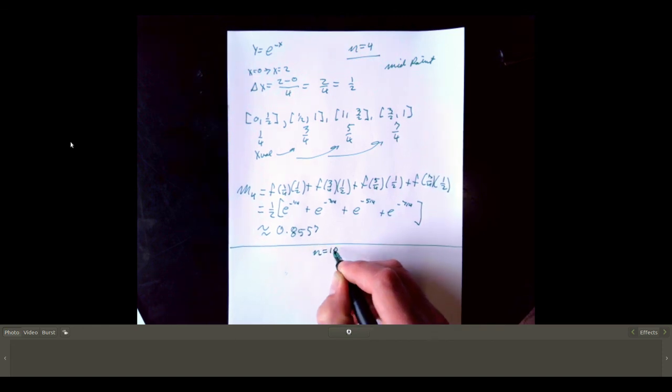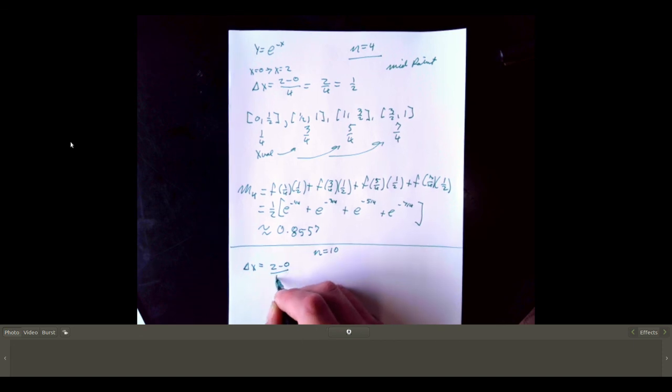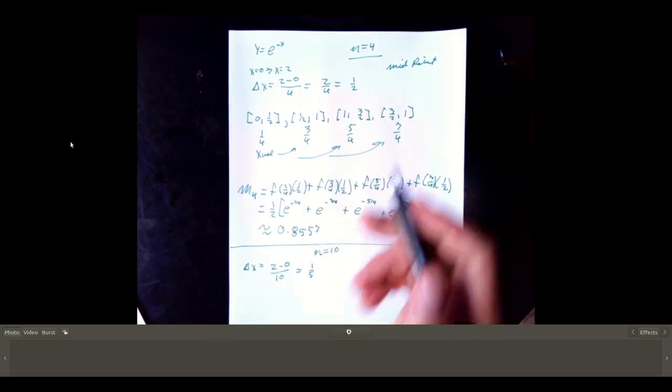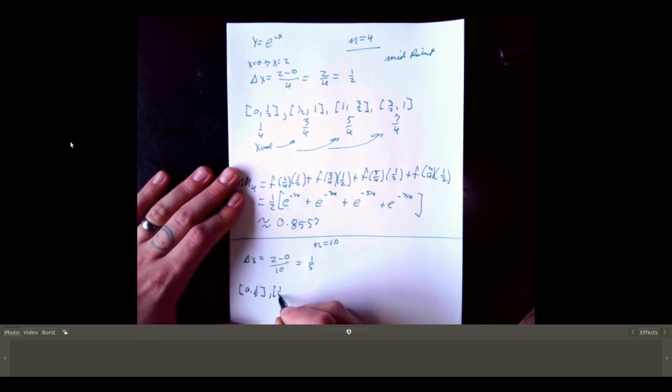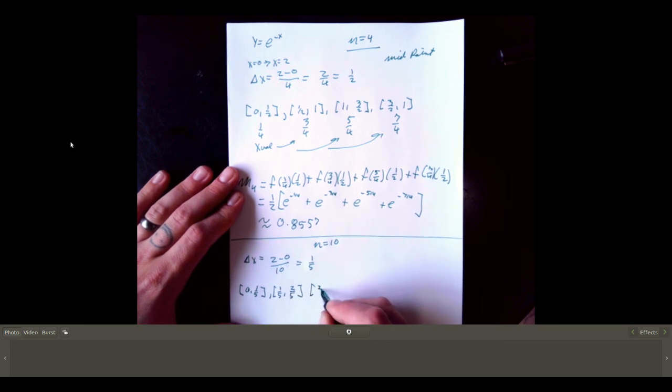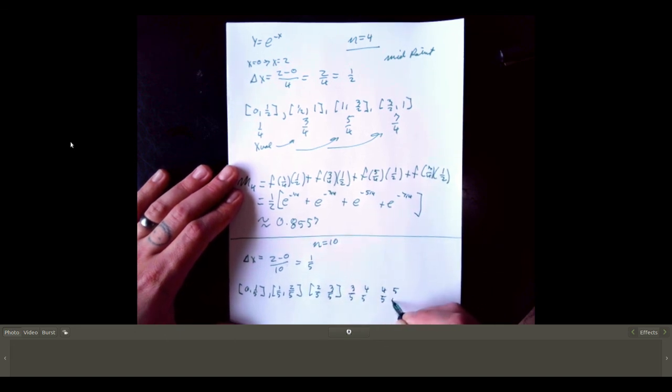I am going to skip a majority of this part, but when n is equal to 10, the setup is delta x is equal to 2 minus 0 divided by 10, which is equal to 1/5. Our intervals are going to be 0 to 1/5, 1/5 to, and I'm going to leave it as 2/5, 2/5 to 3/5, 3/5 to 4/5, and then 4/5 to 5/5.